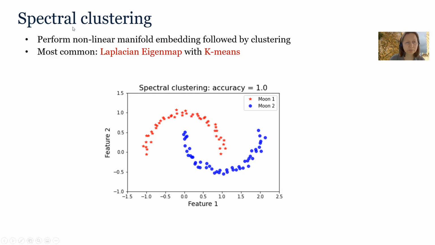Spectral clustering performs nonlinear manifold embedding, such as Laplacian eigenmap that you learned about in this module, followed by K-means clustering most commonly. And you can see that for this example, spectral clustering perfectly identified these two clusters.